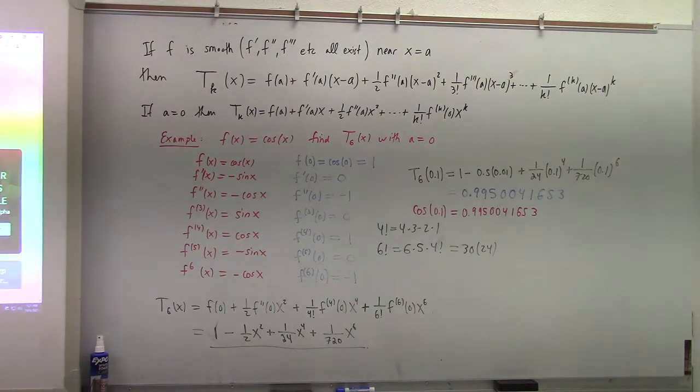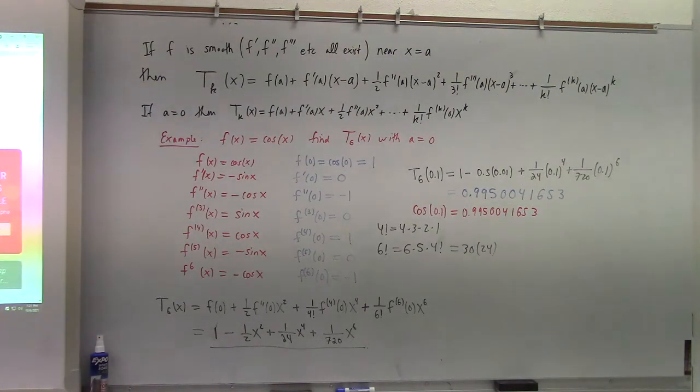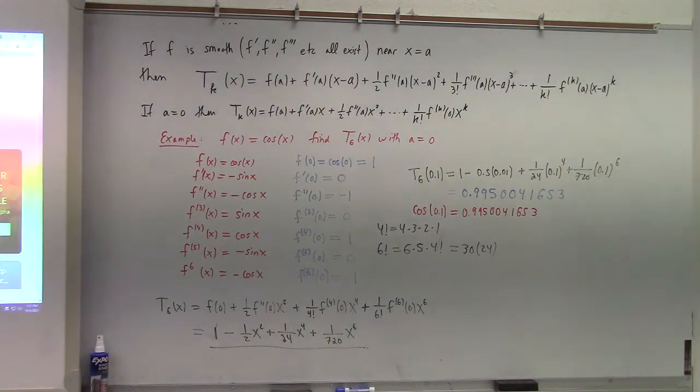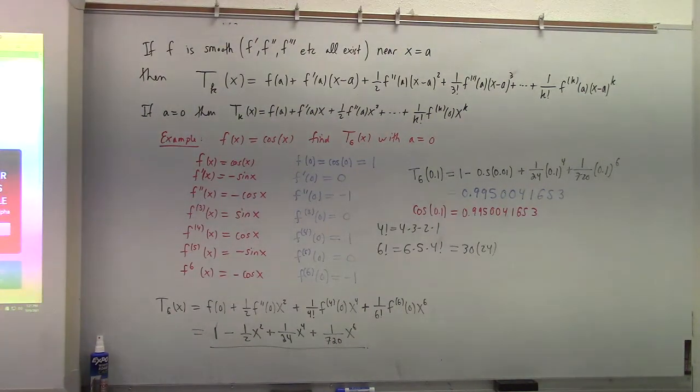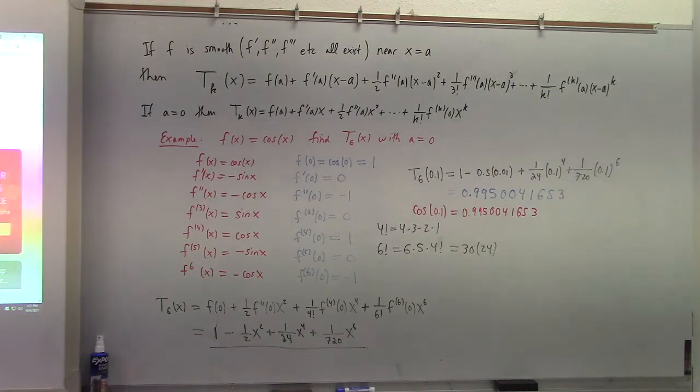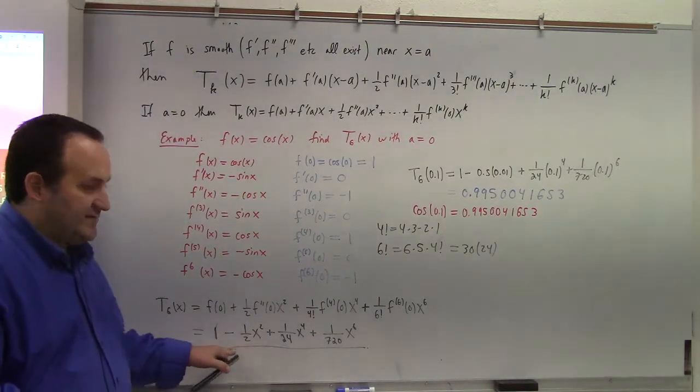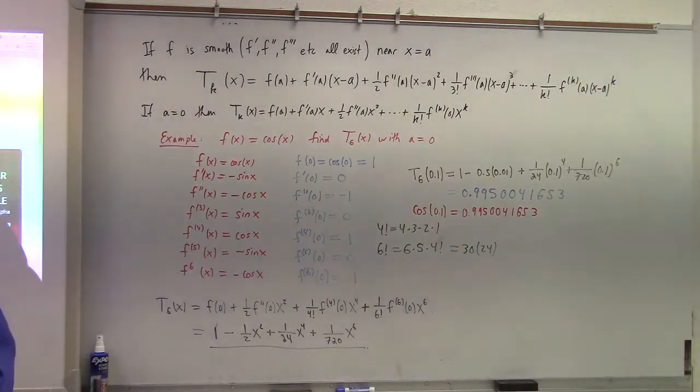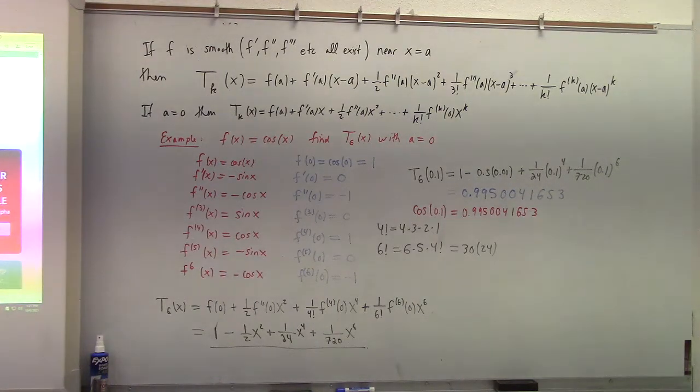If we just use 1, we'd be a little bit off, right? Actually, cosine of theta equals 1 is a pretty good approximation for cosine close to 0. But even if you just use these first two terms, like 1 minus x squared over 2, that gives us a very good approximation for cosine close to 0.